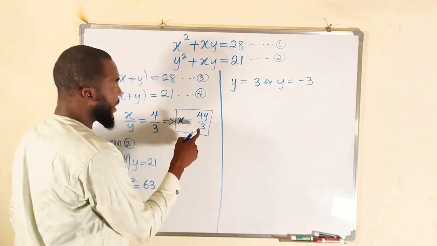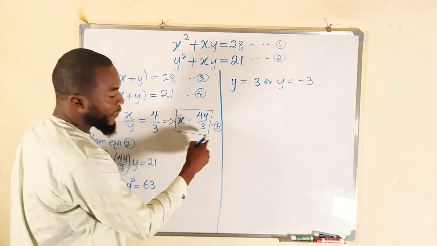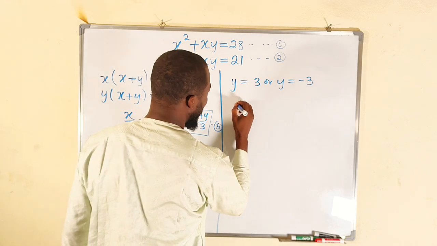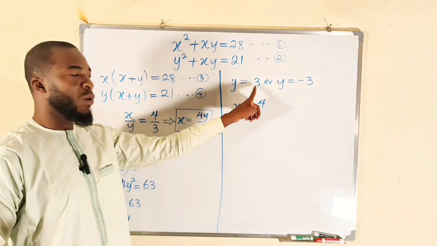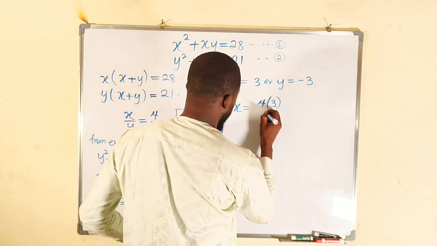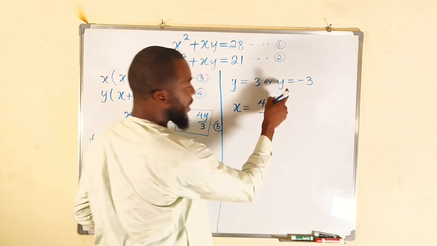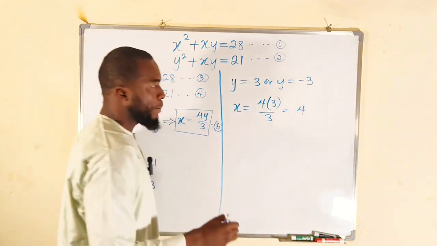I can even call this one equation number 5. From equation number 5, we have x equal to 4 times y divided by 3. Let's pick one of the values, let's start with this one: 4 times 3 divided by 3. The 3 will cancel the 3, and this will be equal to 4.